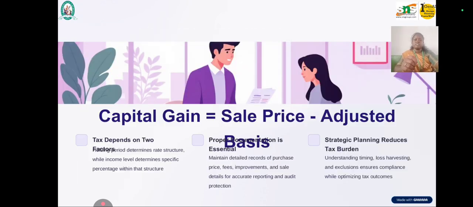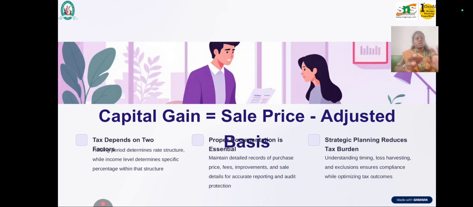So next we can see capital gain, which is sales price minus adjusted basis. First, tax is dependent on two factors. Another one is proper documentation is essential, and the third one is strategic planning reduces tax burden. These three are very important. First is that tax is dependent on two factors, which determine the rate structure, while income level determines the specific percentage within that structure.